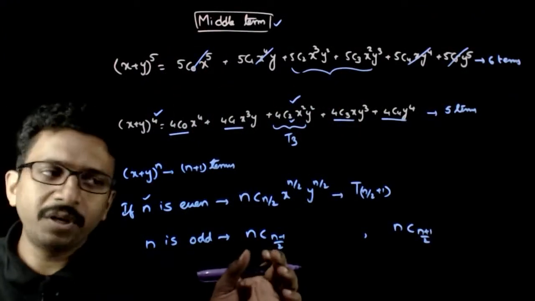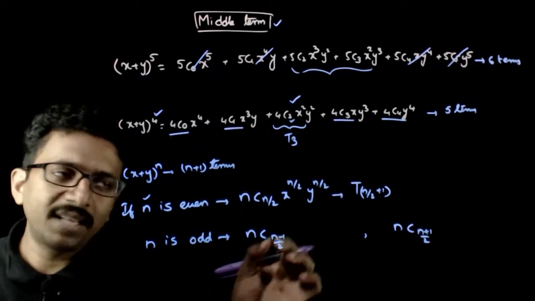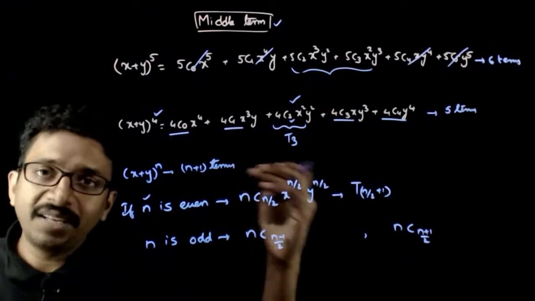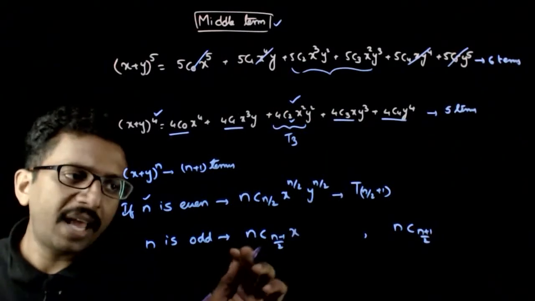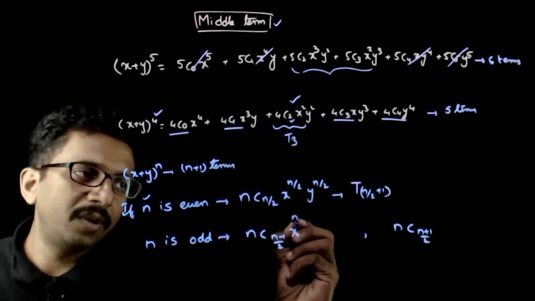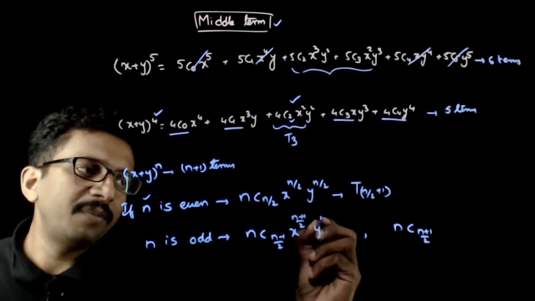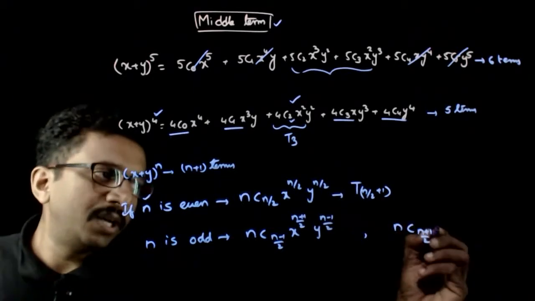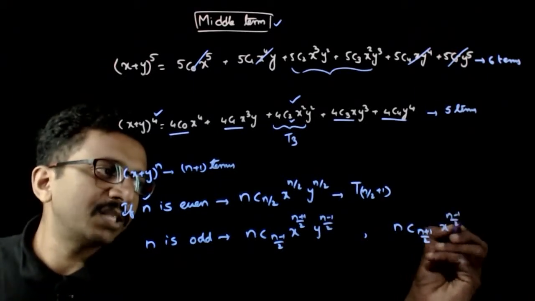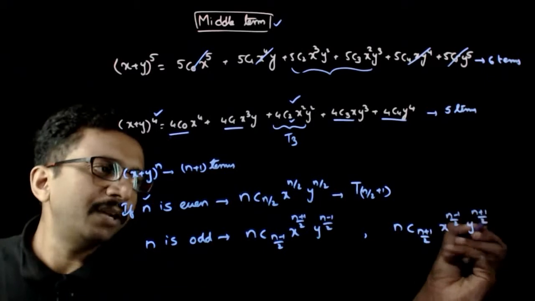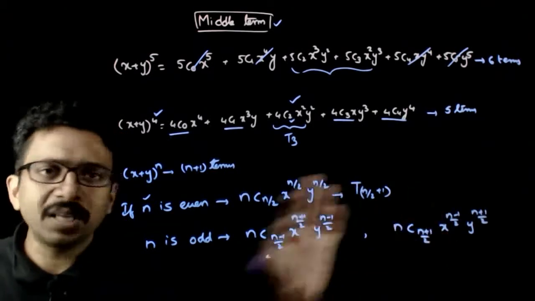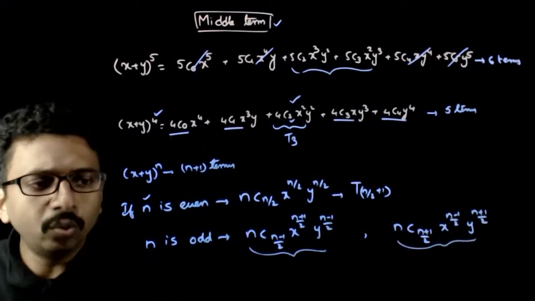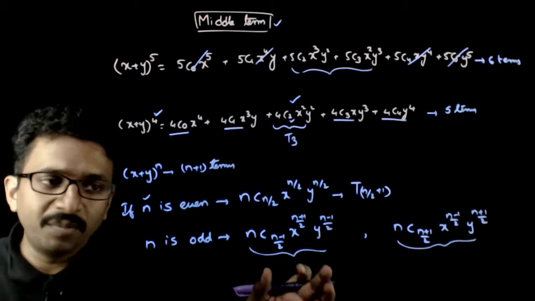If you have to write the powers of x and y, for nC((n-1)/2) you have x^((n+1)/2) and y^((n-1)/2). And for the nC((n+1)/2) term, you have x^((n-1)/2) and y^((n+1)/2), since n minus (n+1)/2 is (n-1)/2. So these are the 2 terms in the middle if n is odd.